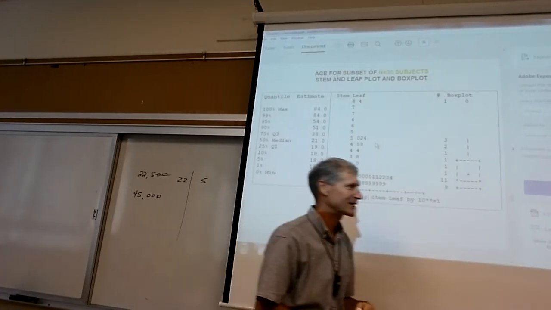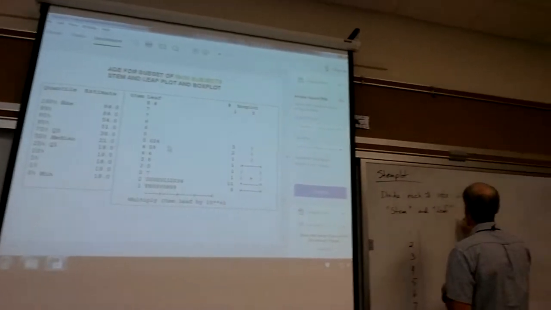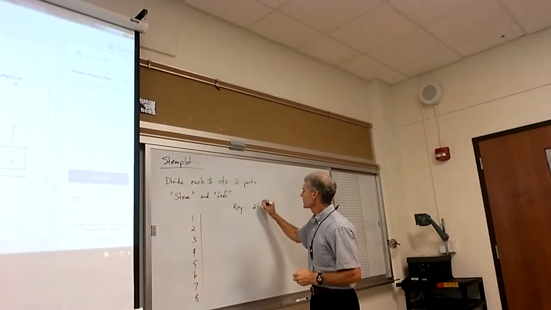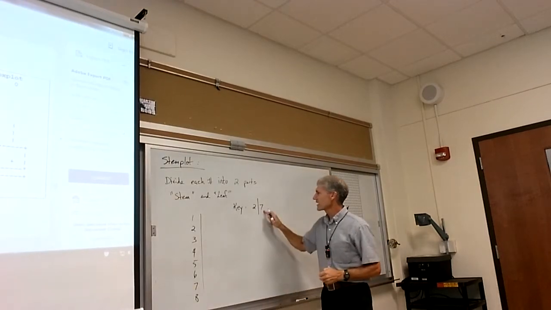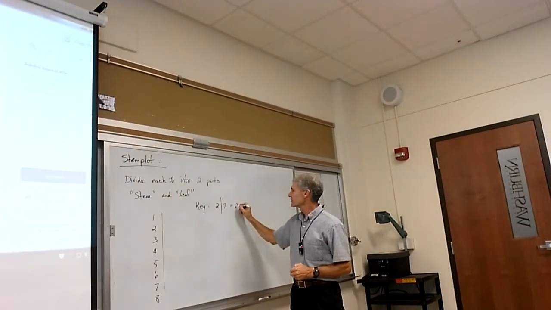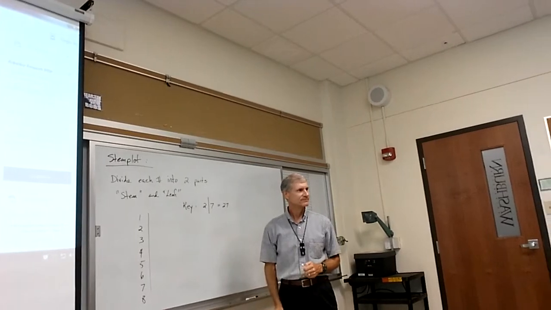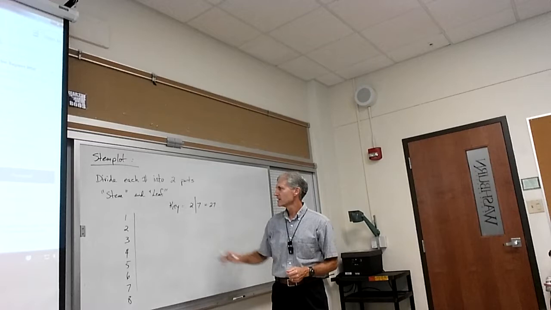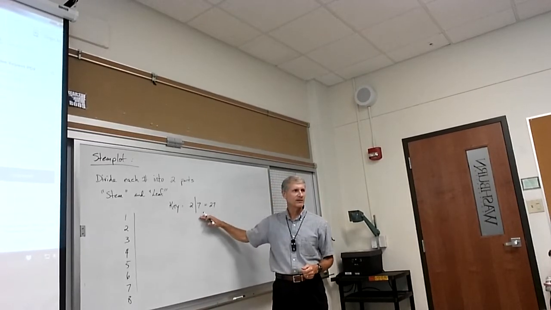Here's a better way to make a key. And this is how they do it in the book. 2 stem 7 equals 27. So on a test, if I put a stem and leaf plot on the test, I would put a key like that at the bottom of it. Right?